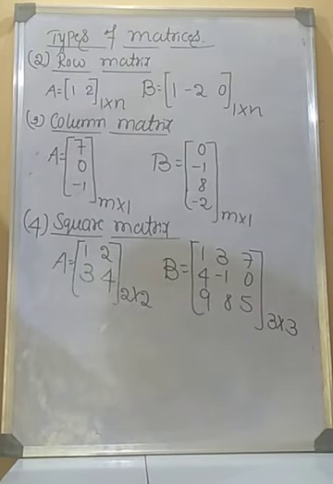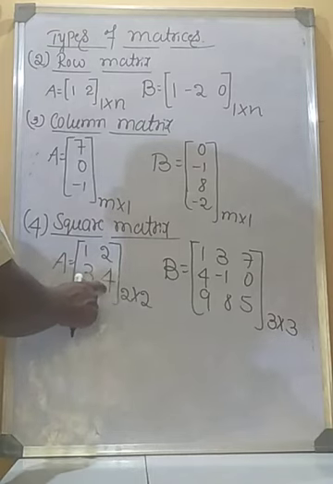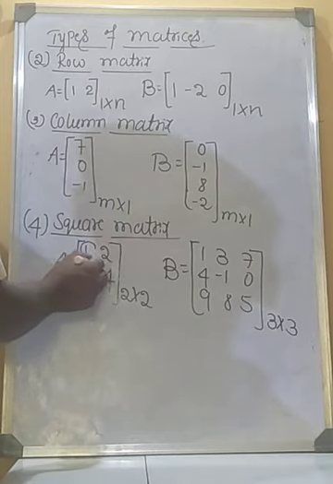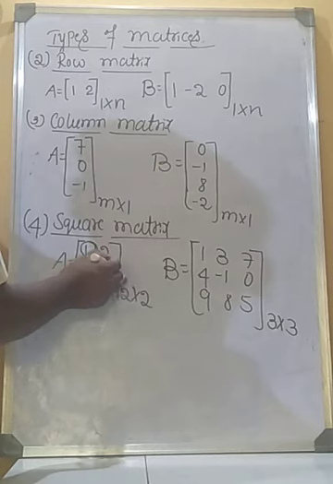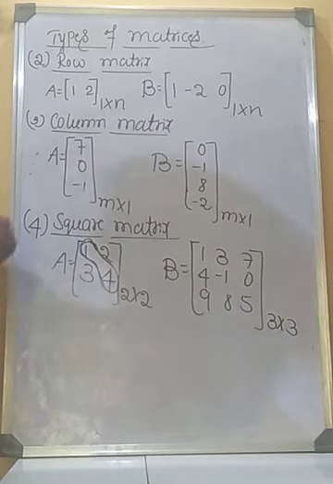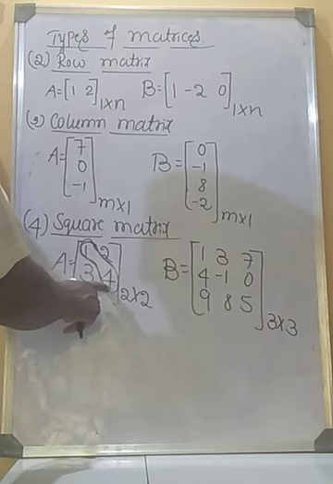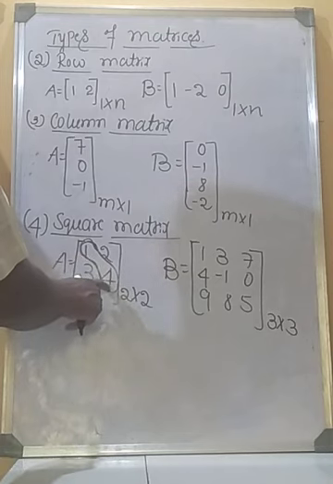In a square matrix, the diagonal that runs from the left top corner to the right bottom is called the principal diagonal, or leading diagonal. In matrix A, the elements 1 and 4 are principal diagonal elements, from left top corner to right bottom.